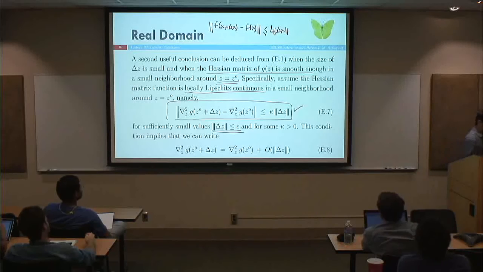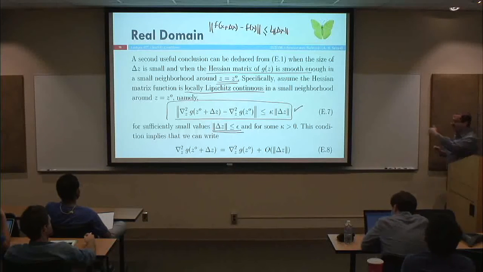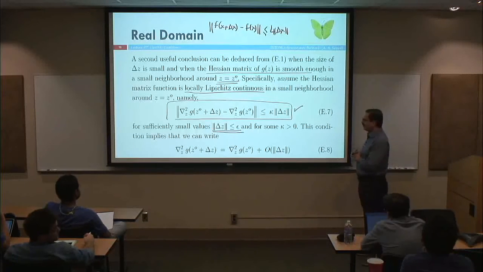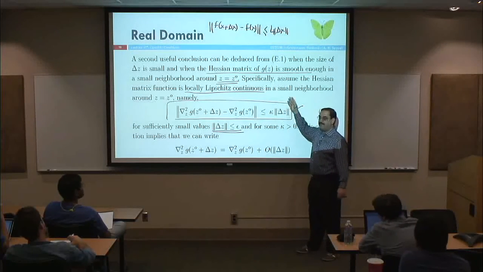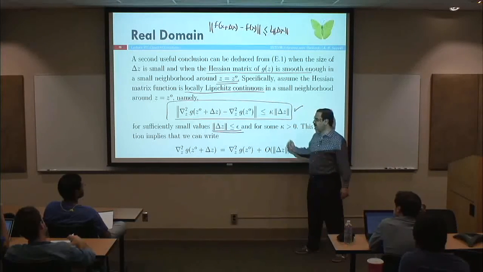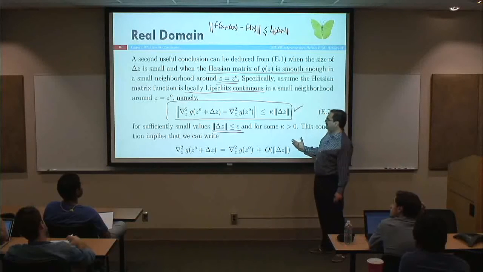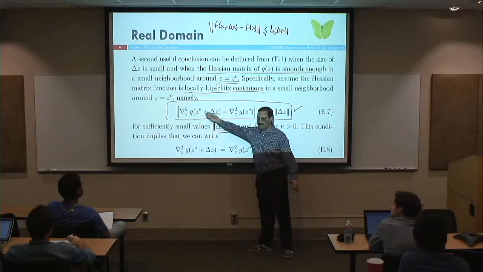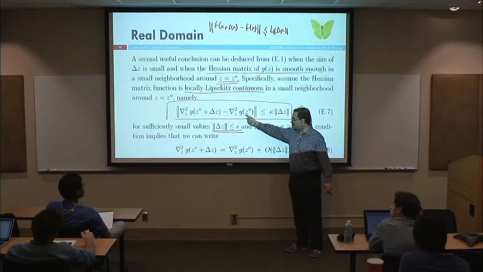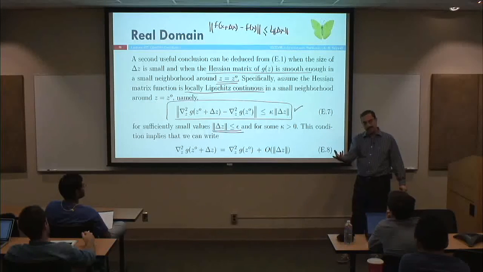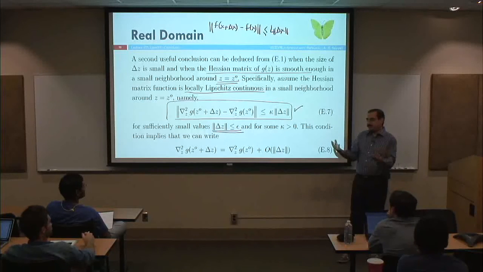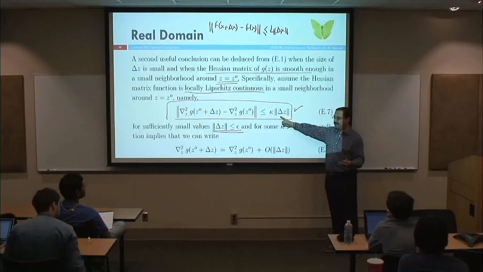Okay. So if this is the case, what is the second conclusion I can get from this? To say that the Hessian is locally Lipschitz continuous, essentially you are saying that this quantity on the left is equal to the second quantity, the last equation on the slide, plus some small perturbation, but the size of that perturbation is not bigger than the norm of delta z.